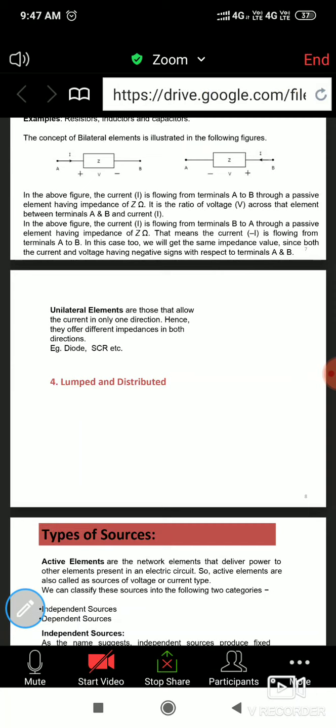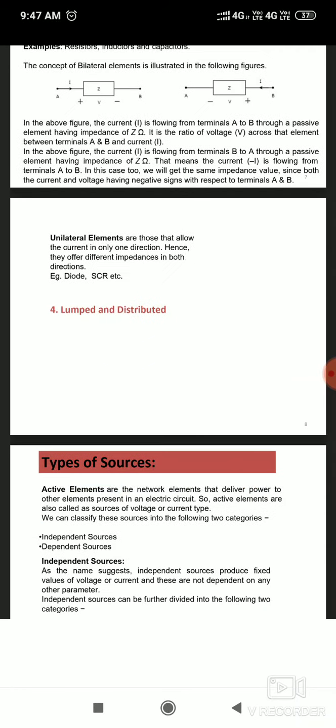Now next one, lumped and distributed. Lumped networks or lumped elements are those which are very small in size, like inductors, resistors, capacitors. Whereas distributed networks consist of elements which are big in size. We can take the example of power distribution, energy distribution.